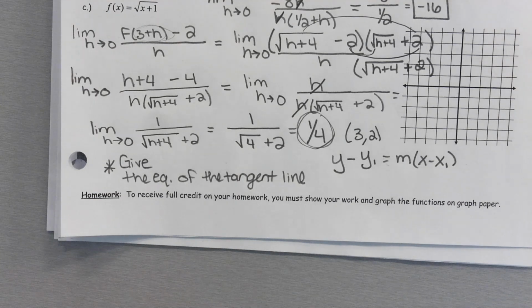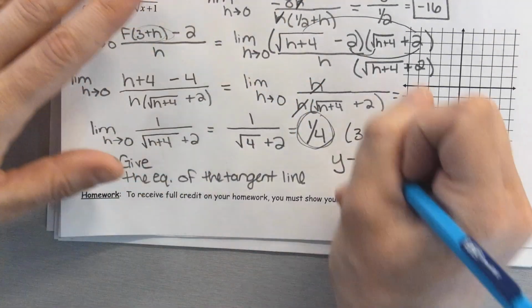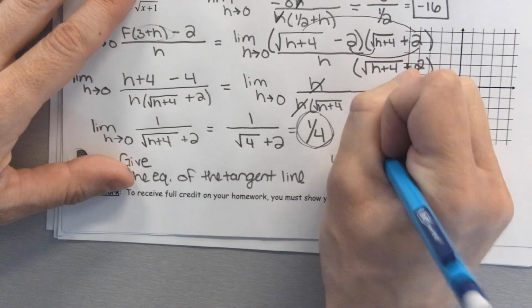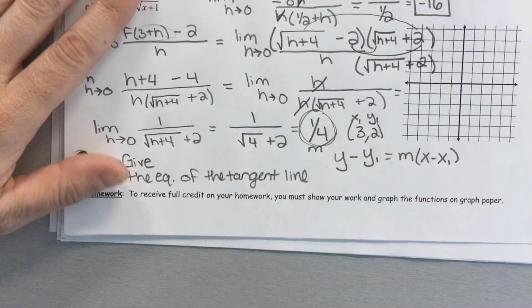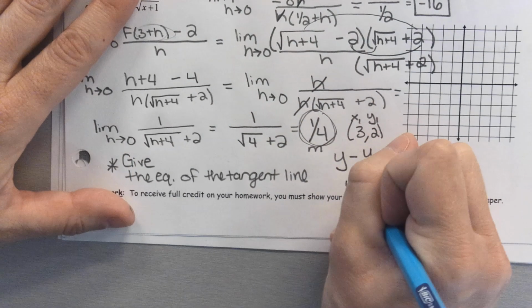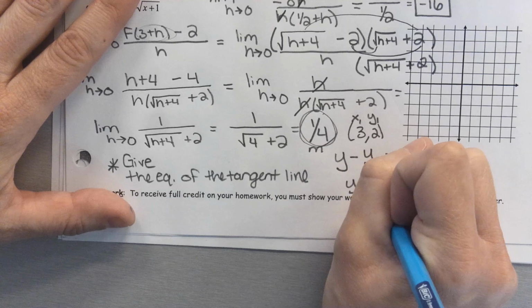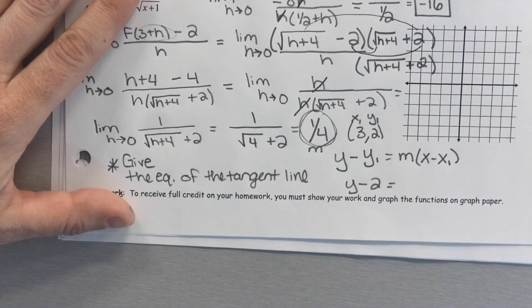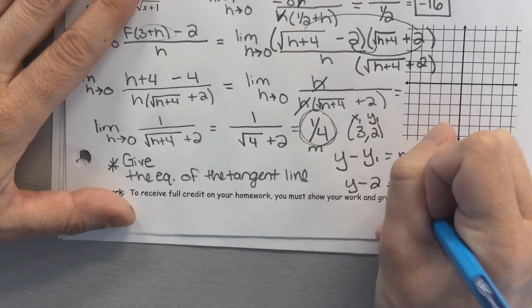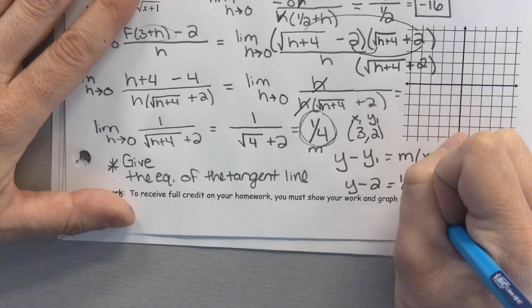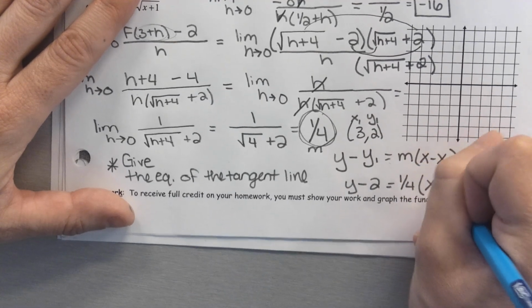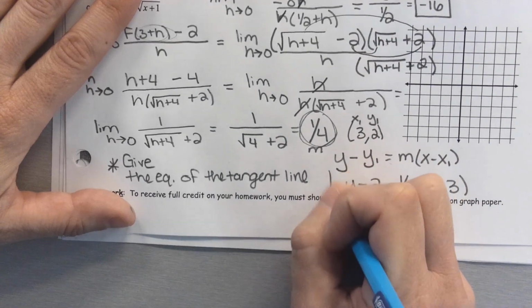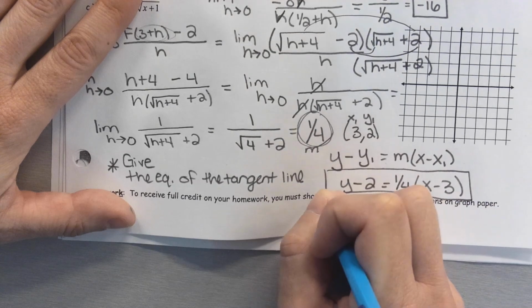We say what we mean. Let's plug in. This is my x1, this is my y1, this is my m. y minus 2 equals 1/4 times x minus 3.